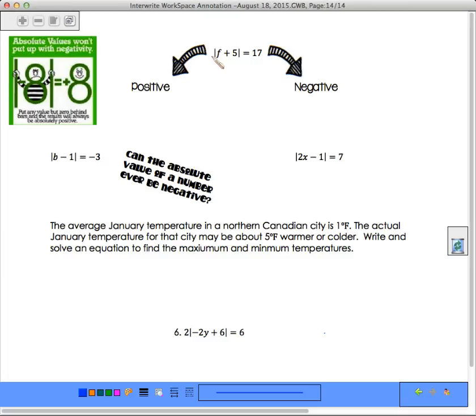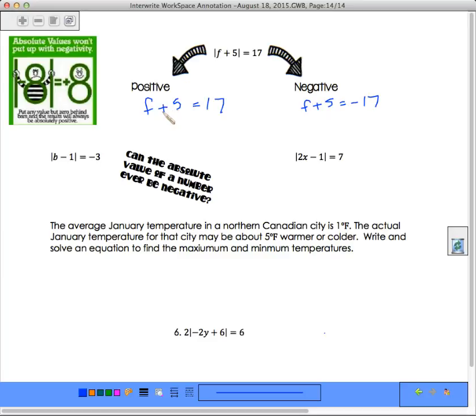All right, so here we have just the absolute value of f plus 5 equals 17. So we're going to split this up into the positive case and the negative case. So I have f plus 5 equals positive 17, or that could have been f plus 5 equals negative 17.